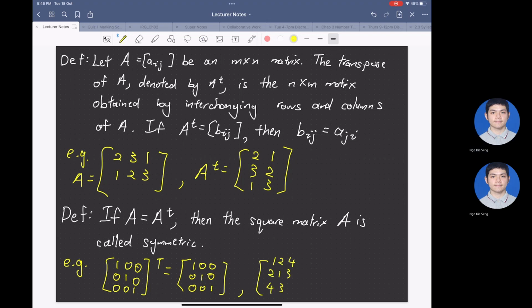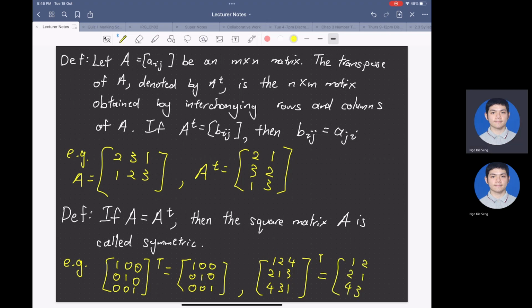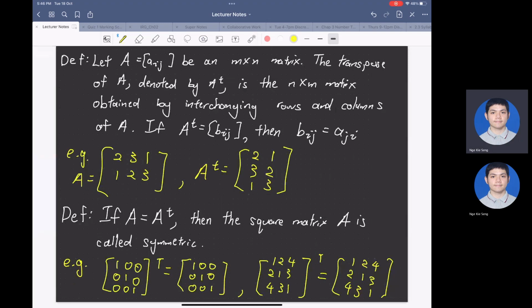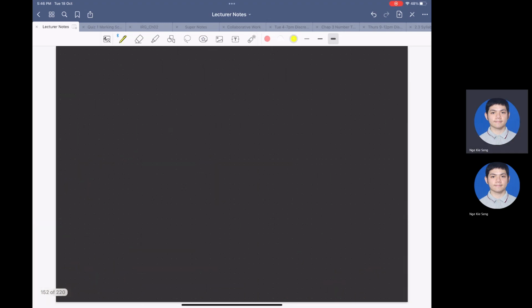Not sure. Okay, so if it is symmetric, then it is symmetric along this diagonal: 1, 2, 4, 2, 1, 3, 4, 3. So we call this kind of matrix symmetric. And then we can also study matrices that have only 0 and 1 inside them, and then we can do the Boolean AND and OR using the matrix.